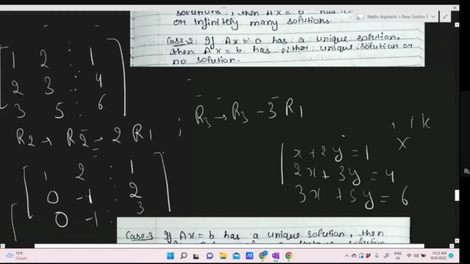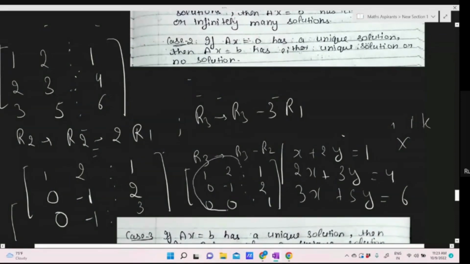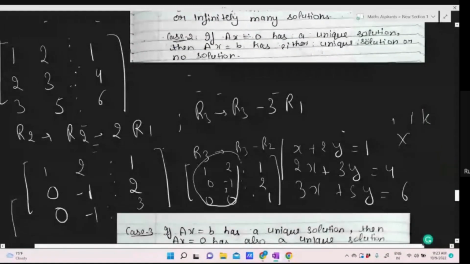After applying R3 to R3 minus R2, we get 1, 2, 1; 0, minus 1, 2; 0, 0, 1. Here you can see that the rank of matrix A is 2 and the rank of [A|B] is 3. Now this is the case of no solution.